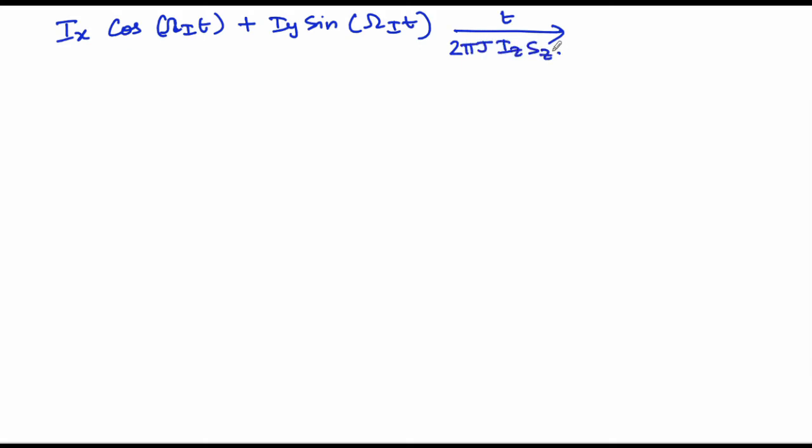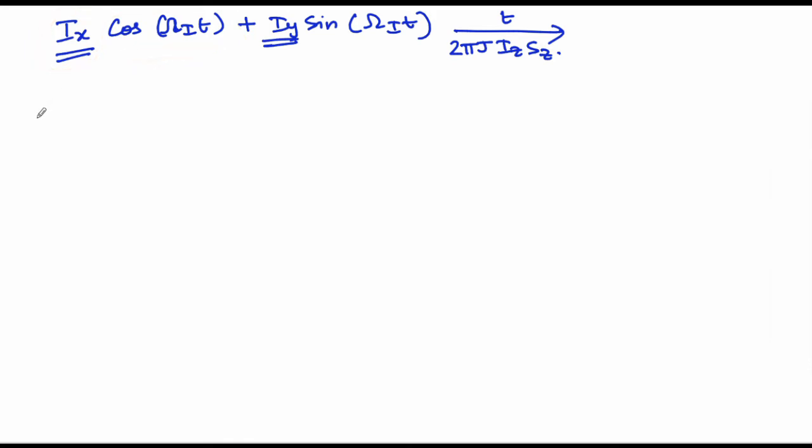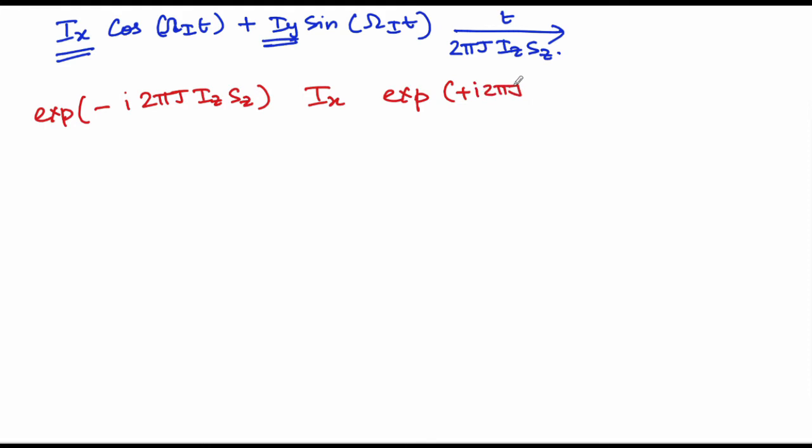You're once again able to imagine there are two operators here, so we can just once again divide and conquer. We can just take the first one, where the operator part is just the amplitude modulation part. Therefore, we can write this as exp minus i 2 pi J Iz Sz t times Ix times exp plus i 2 pi J Iz Sz t.